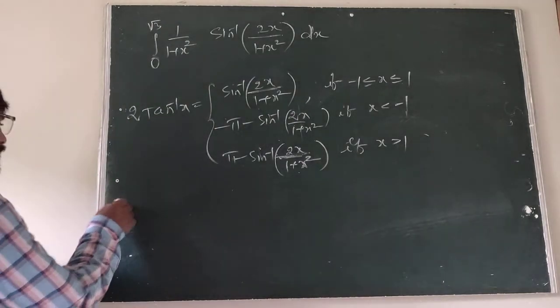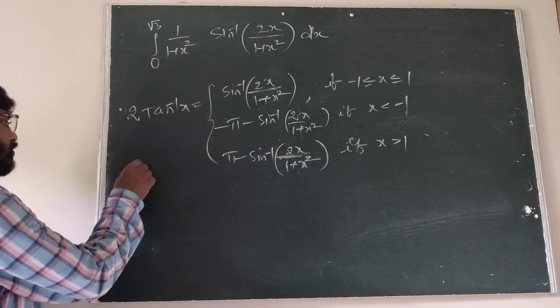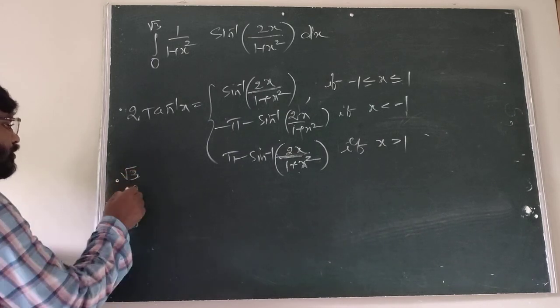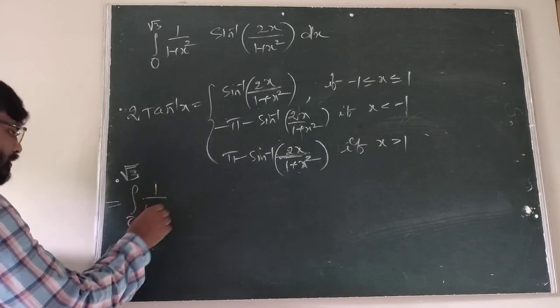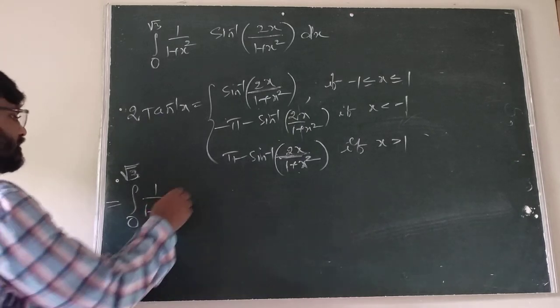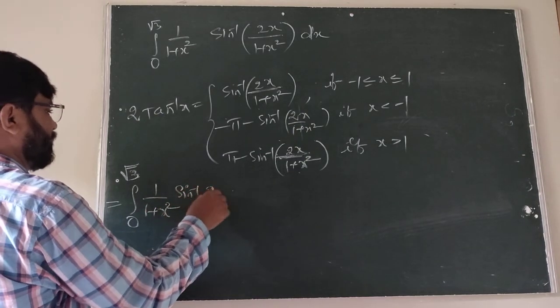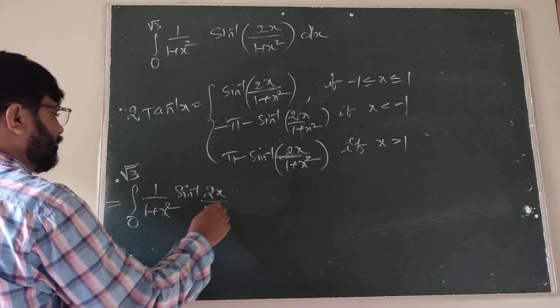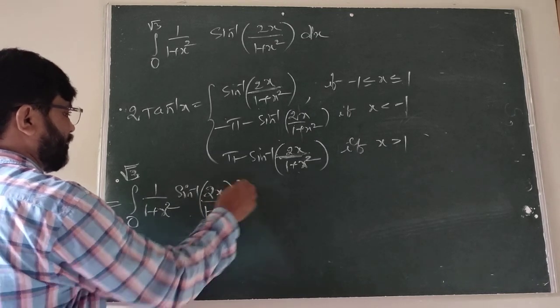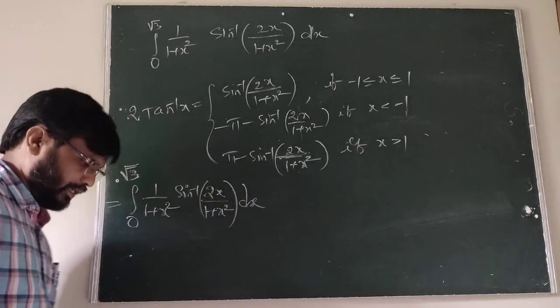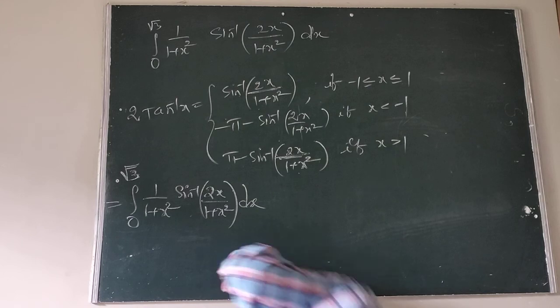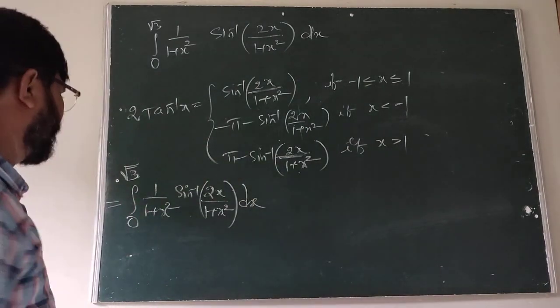Therefore, now we have to find the integral from 0 to root 3 of 1 by 1 plus x square, sin inverse of 2x by 1 plus x square, dx. Is it clear? How to write this one?